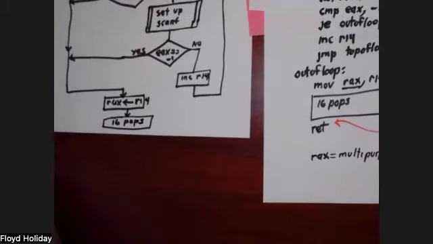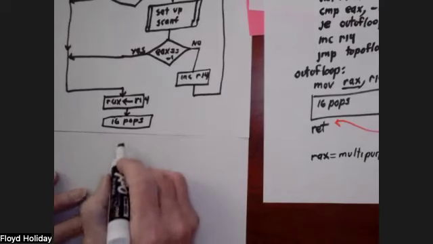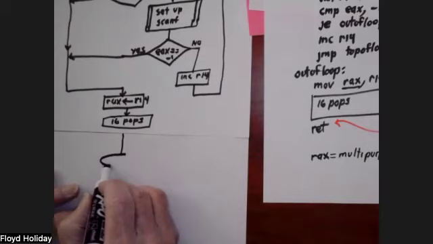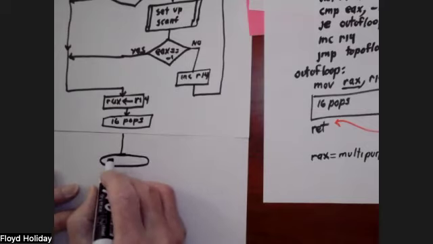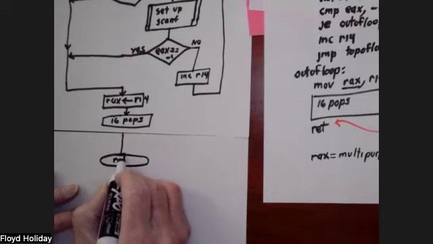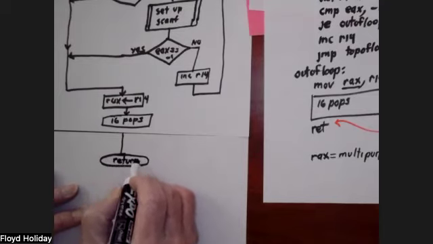And after that, the function ends. So it was a kind of oval used to say this is an off-page connector. This is the return. Okay.